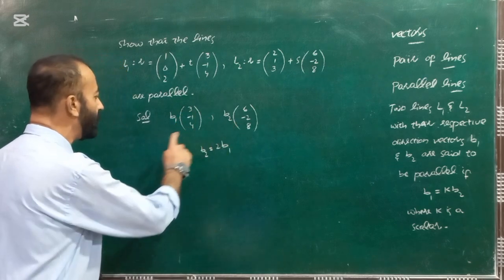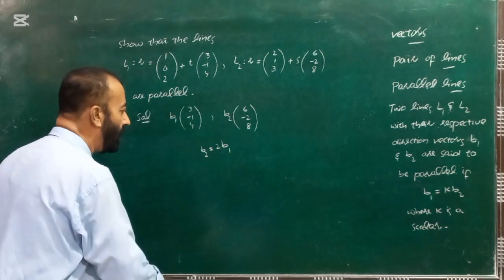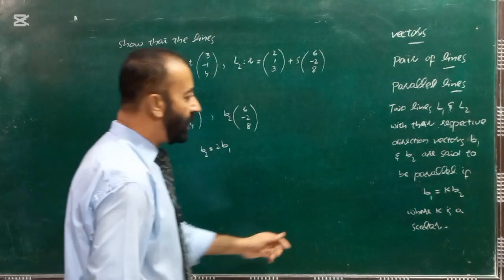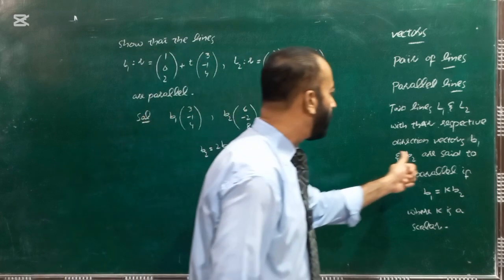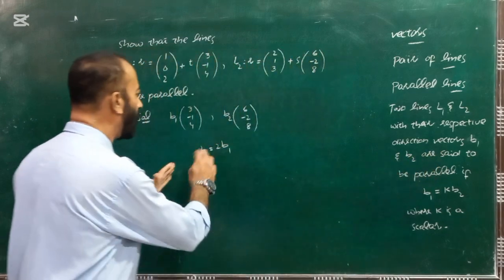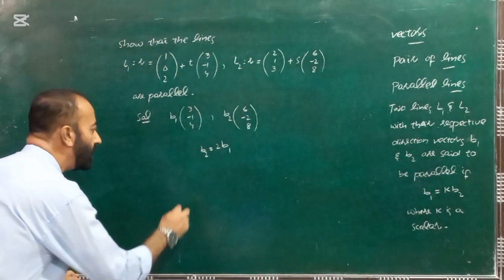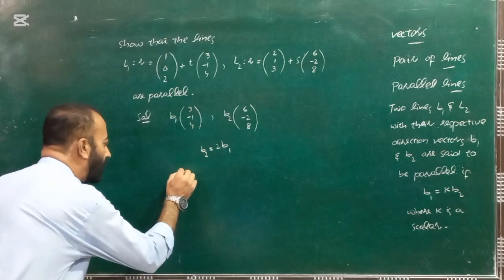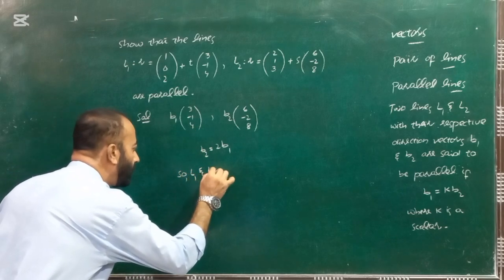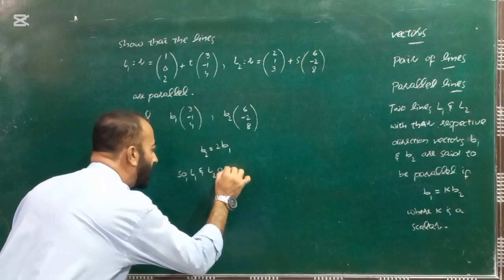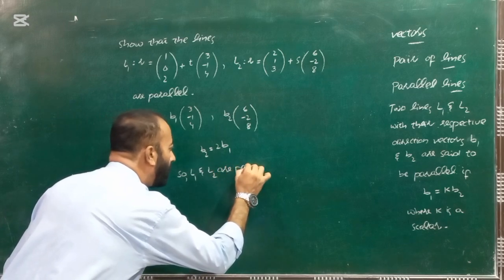So it means B2 is equal to 2 times B1. So it is proved that one direction vector is k times the other direction vector. So the lines are parallel. So L1 and L2 are parallel.